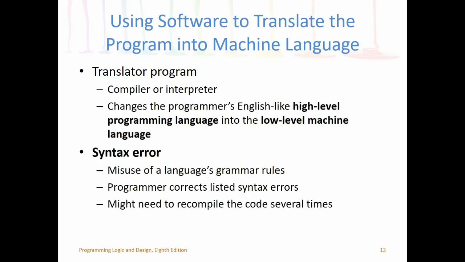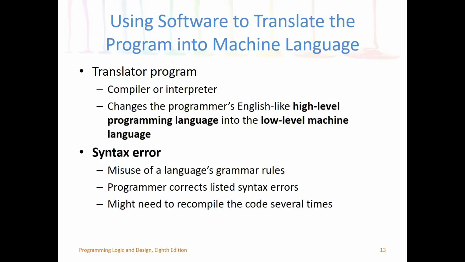Whatever program language you are going to use, it needs to go into the computer as binary. So we have translation: changing the program's English-like, high-level programming language into a low-level machine language, which is 0 and 1.